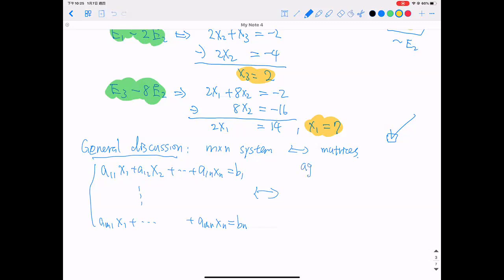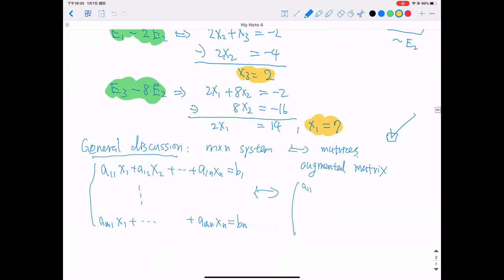One is the augmented matrix, which consists of basically arranging all the numbers in their correct location, and finally the right-hand side, b1, b2, bn.